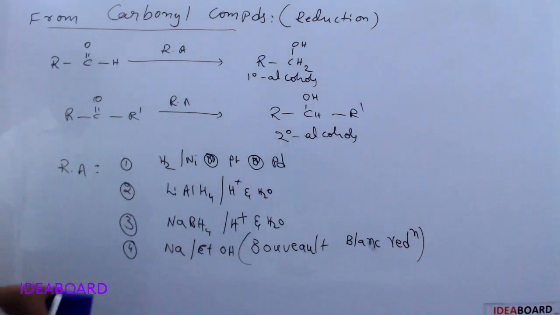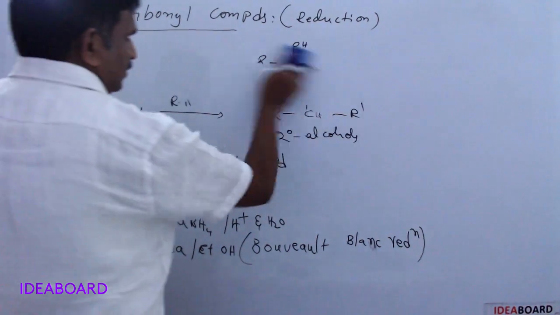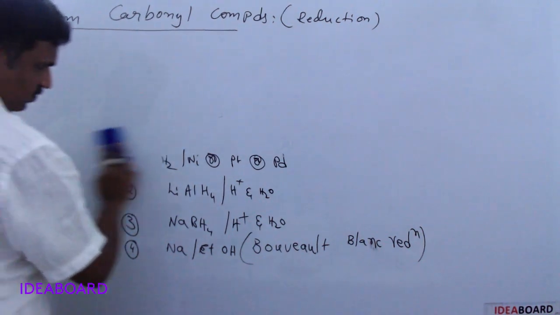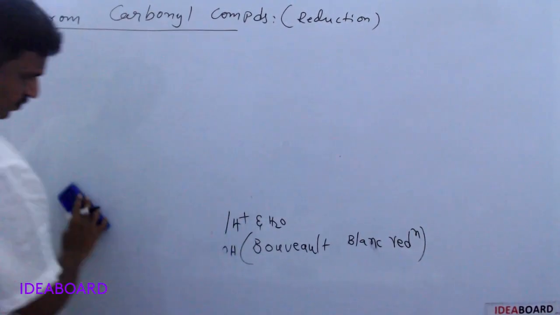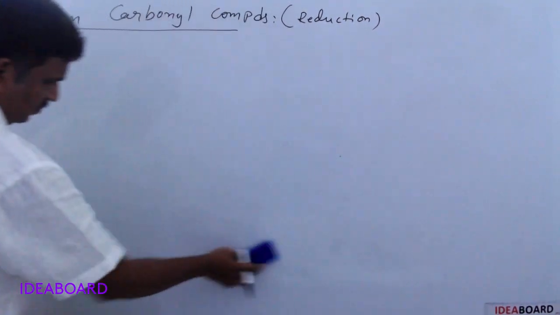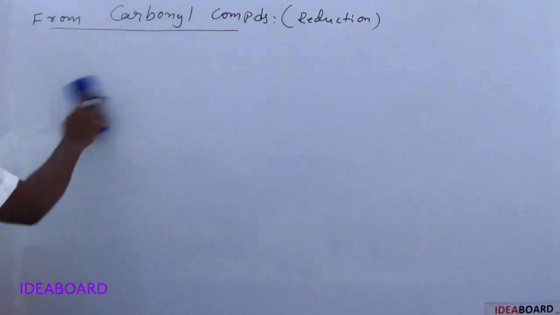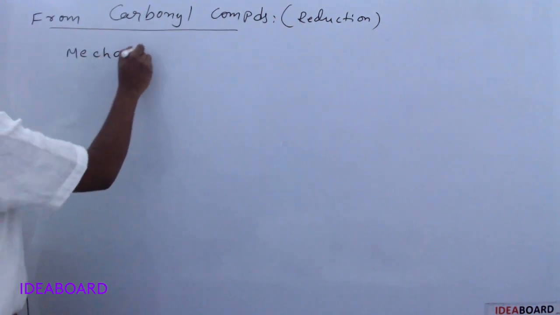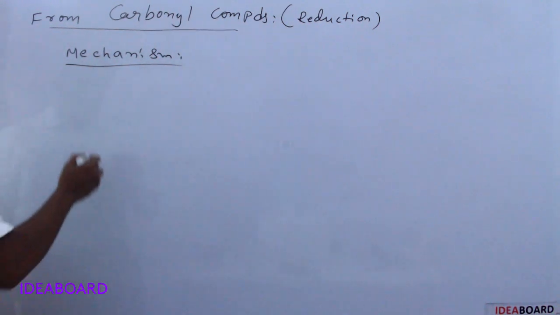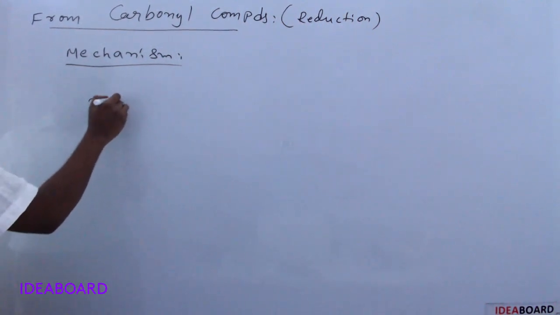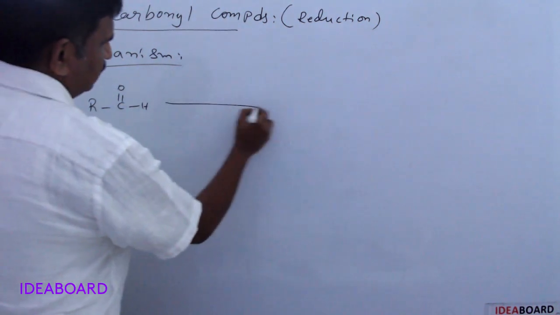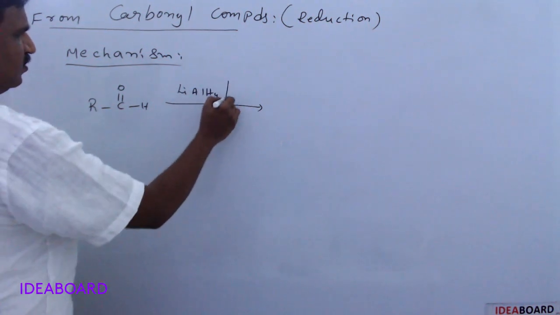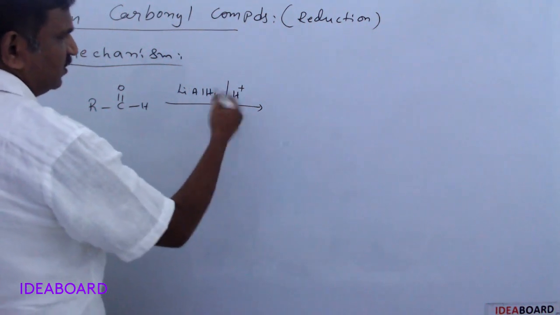Now we will see the mechanism for this process. Suppose an aldehyde is taken, RCO double bond H, and to this we are taking lithium aluminum hydride, followed by H plus or H plus and H2O.